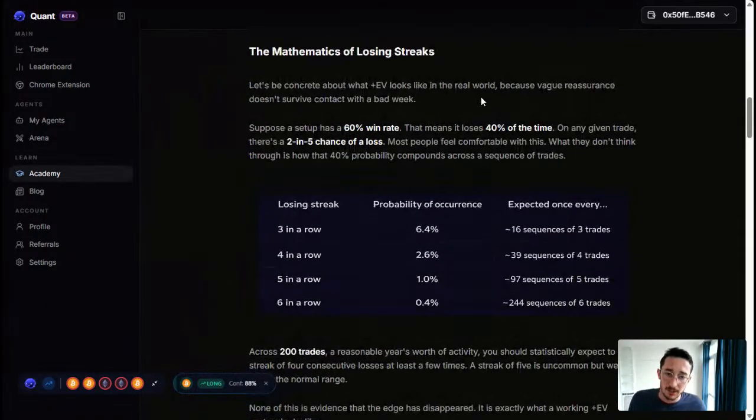For instance, I think this one is interesting: the math behind losing streaks. If you have a strategy that has a 60% win rate, how many times are you going to have 3 trades lost in a row, 4 trades lost in a row, 5 trades in a row, etc.? For instance, 5 trades lost in a row is 1%.